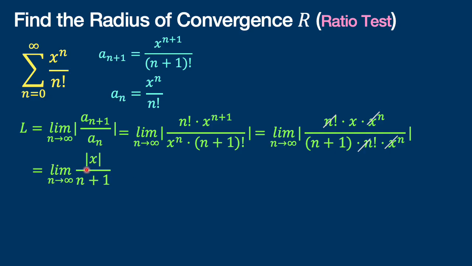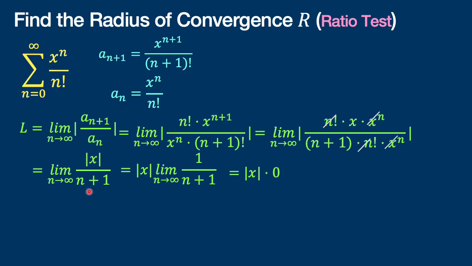What do you have here? We have the absolute value of x over n+1. The absolute value of x is gonna be taken out in front of the limit. Then we have the absolute value of x times the limit of 1 over n+1. What is this limit? That's gonna be 0. So the absolute value of x times 0.